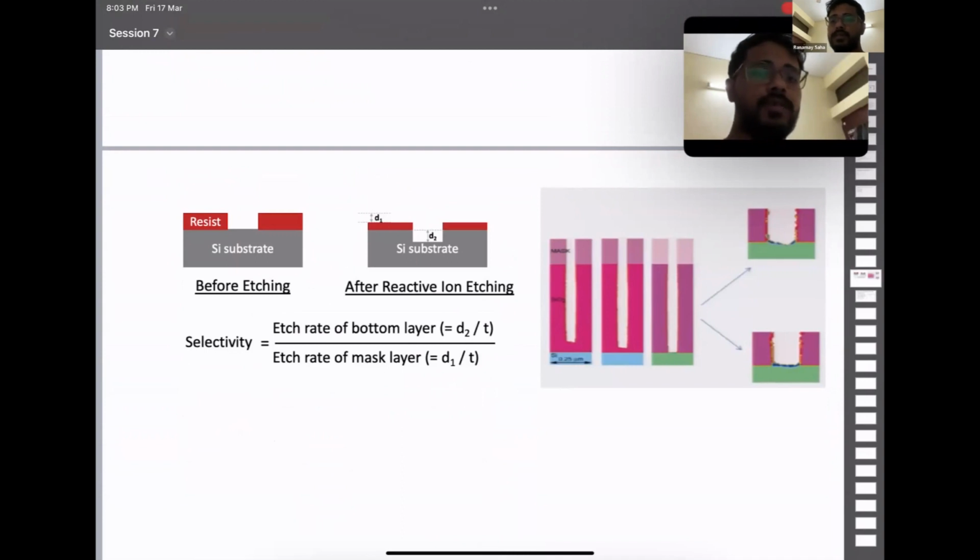Selectivity is defined as the etch rate of the bottom layer, of your substrate, to the etch rate of your mask layer or the vertical walls.